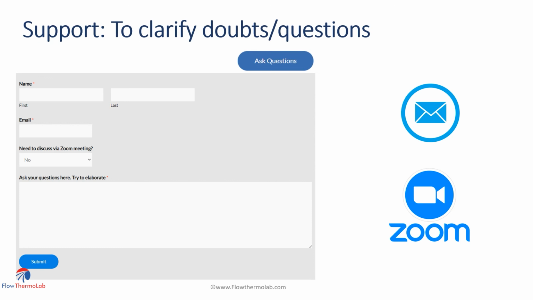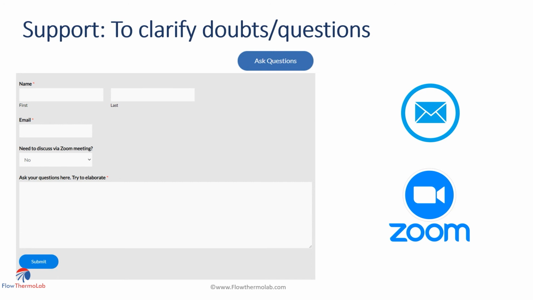If you have any questions during the course, you can ask in the discussion forum and any one of you can reply to it. You don't need to wait for me or anybody from Flowthermolab. In case no one replies, either I or somebody from Flowthermolab will reply to your queries. And if you are really struggling and need support immediately, you can raise a support request.